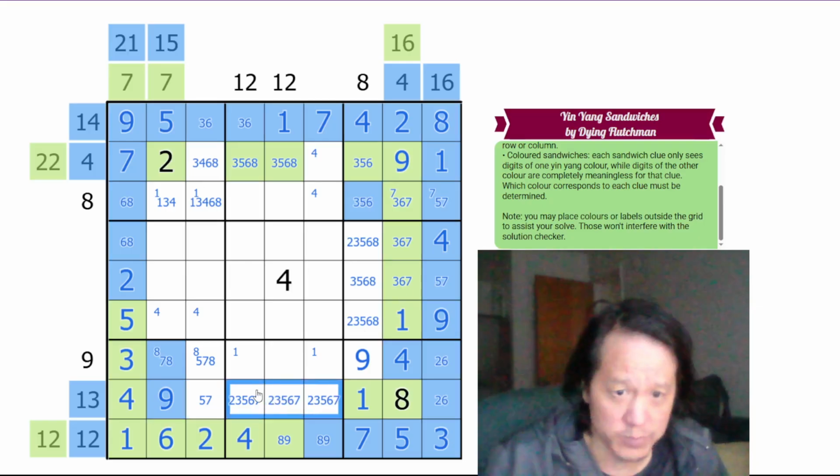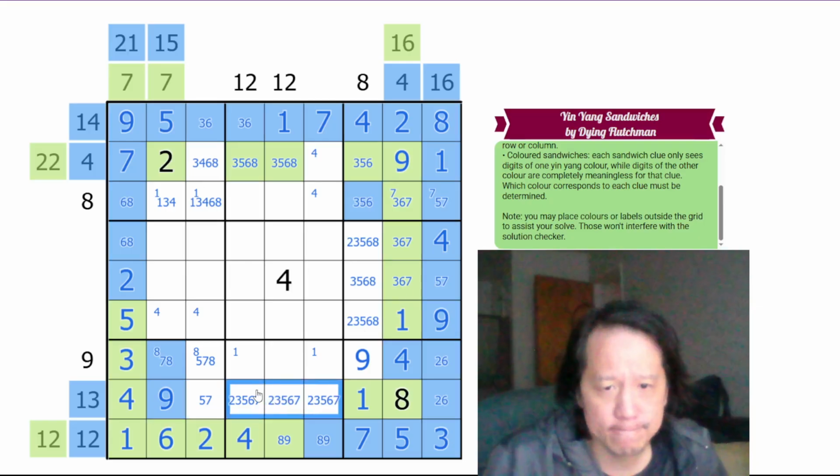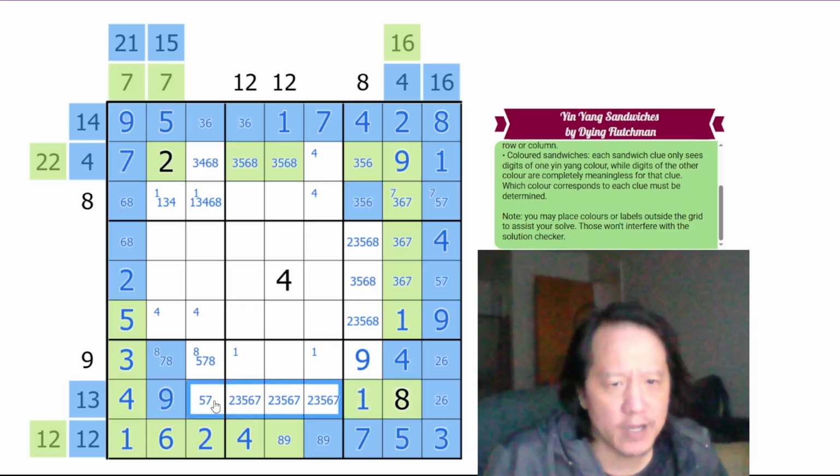Interesting. Cannot be 1 and 8 for green. You could have 2 digits, 6 and 7. What about 3 digits?